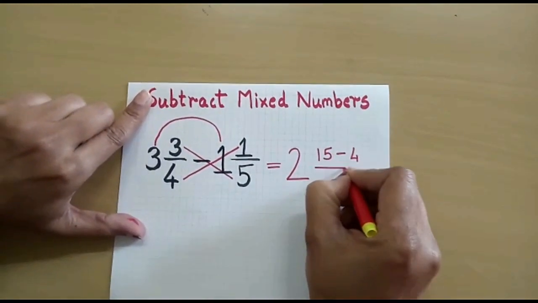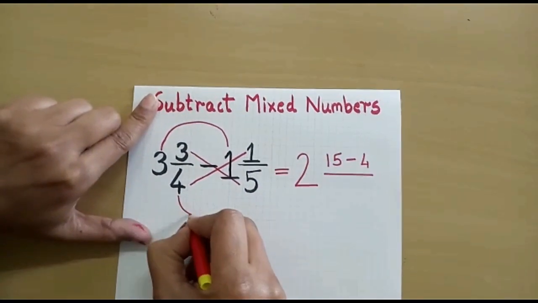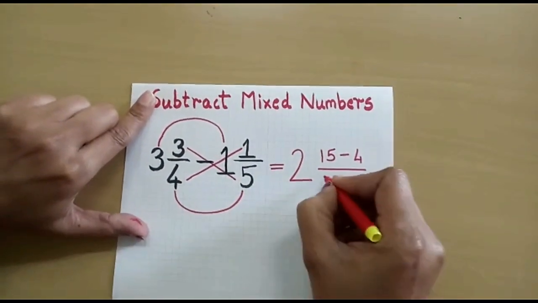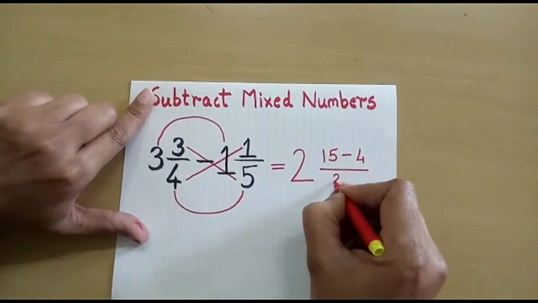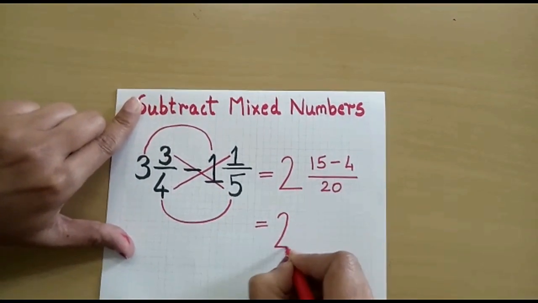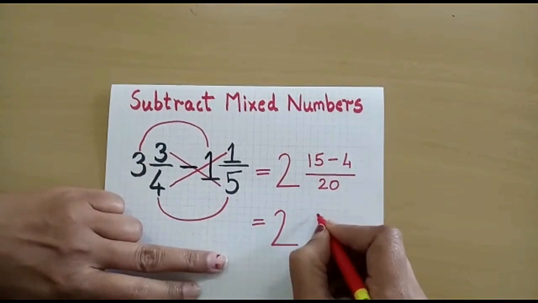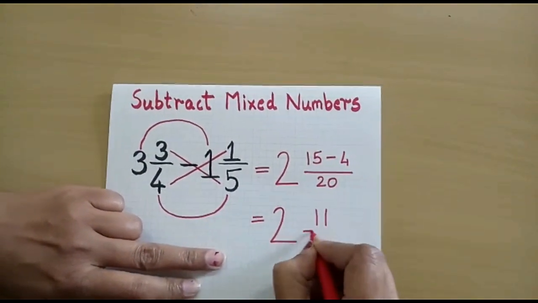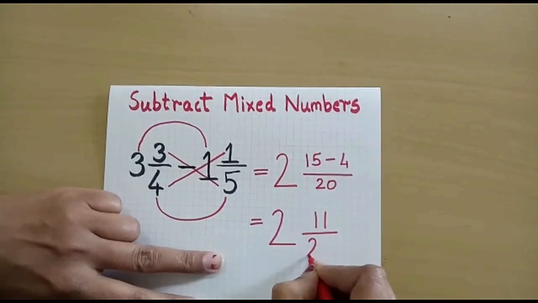This will be the numerator, and for the denominator we multiply 4 5s are 20. So the next step is the integer, 2, and 11 upon 20. So this is the answer for the fraction.